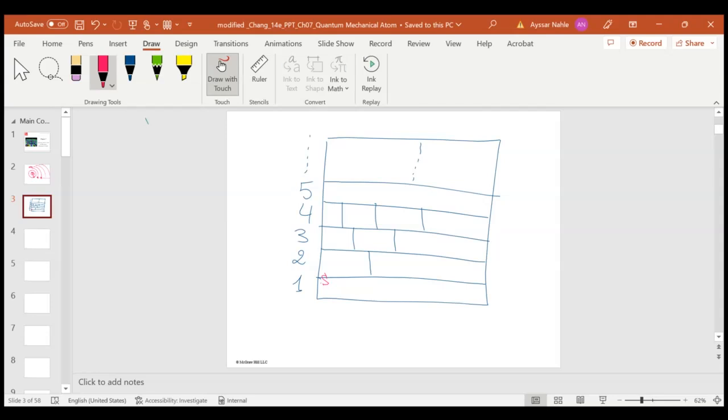There are 2 rooms in here. One is labeled S, and the other one is labeled P. Third floor, it has S, P, and D. In here, S, P, D, and F. Floor number 5, 5 rooms. S, P, D, F, G, and then H, I, J. You continue with the alphabetic order. Yeah? We're not going to go further up.